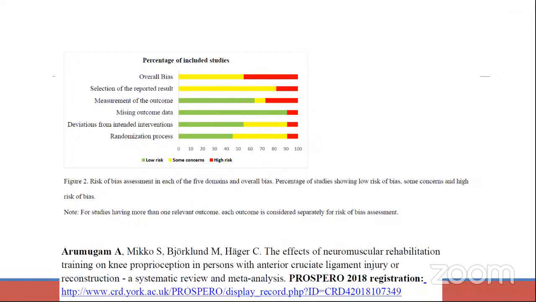And this is based on a systematic review, which is currently under review in a journal. Okay, so we tried to look at the evidence for the effects of neuromuscular rehabilitation training on knee proprioception in persons with anterior cruciate ligament injury or reconstruction. This has been done in collaboration with Umeå University in Sweden.